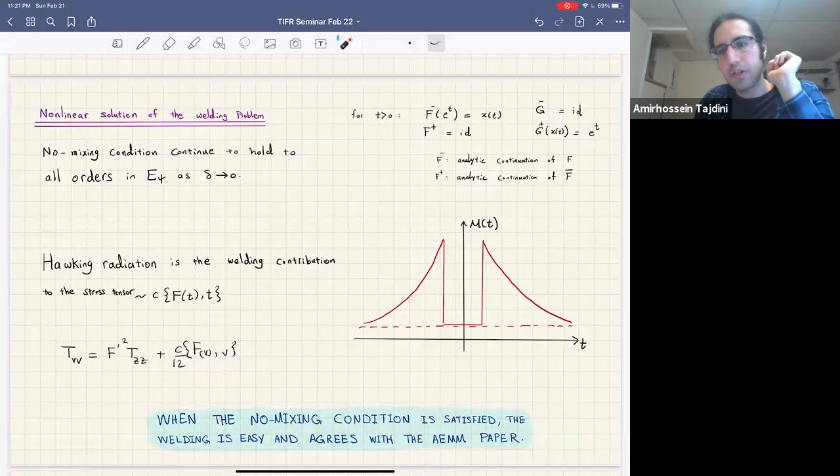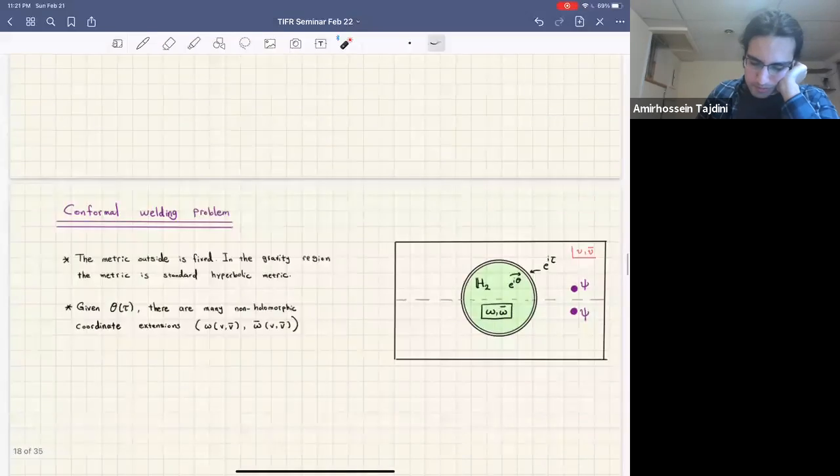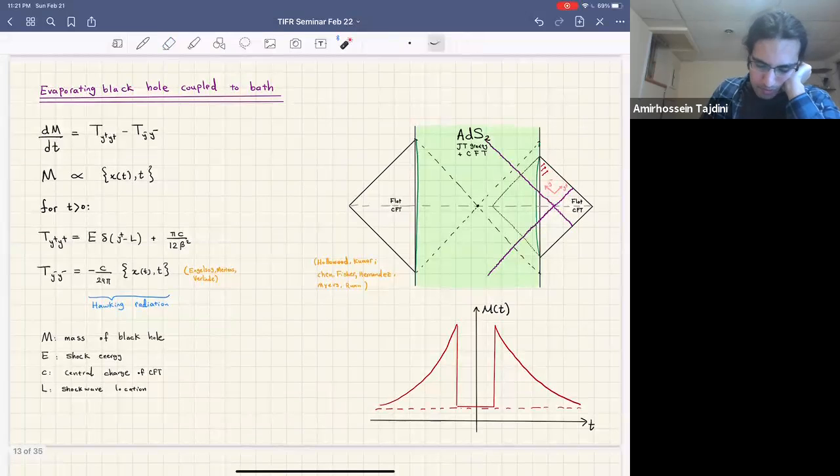So that's in a nutshell how you find this term. And this was the term that, in the Lorentzian discussion, so I have to go a little bit back, when I wrote here, this is exactly the same term that I was writing here.